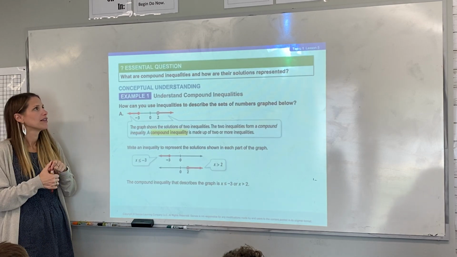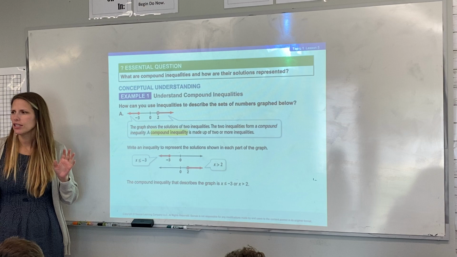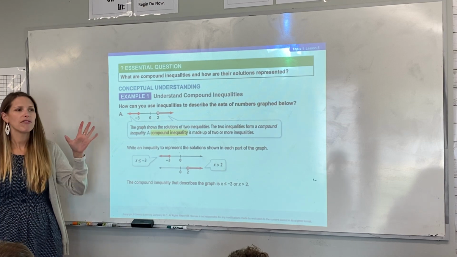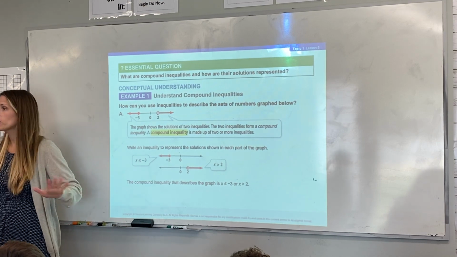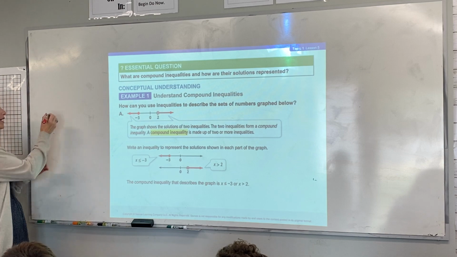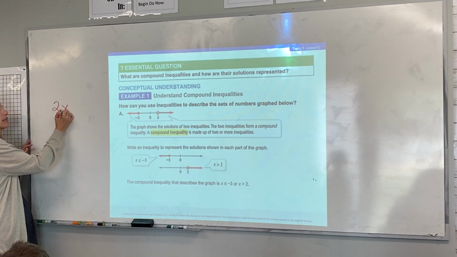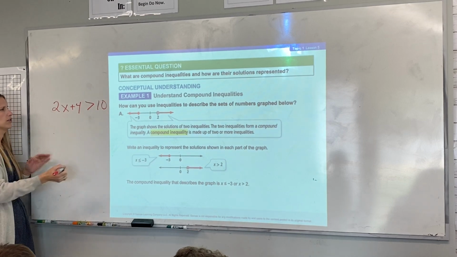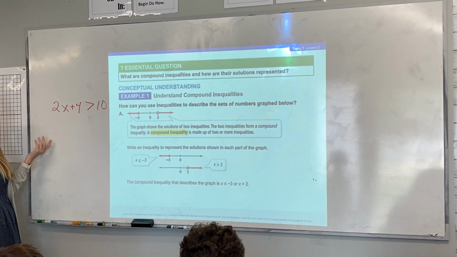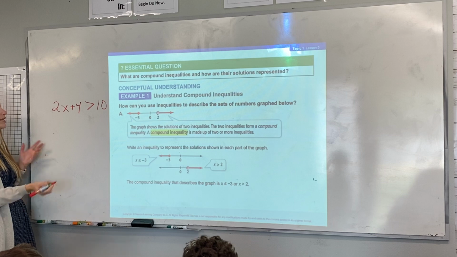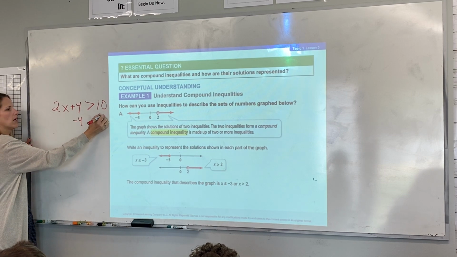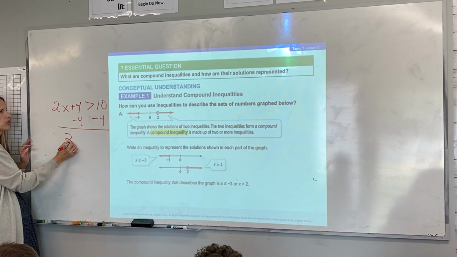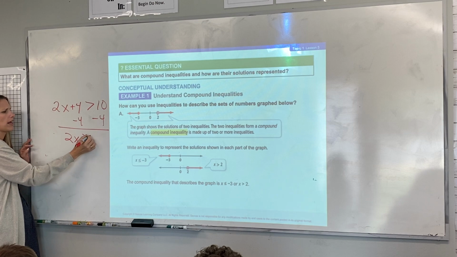All right. We have a very interesting lesson today. We have already done inequalities, like 2x plus 4 is greater than 10. We just subtract 4 on both sides. We get 2x is greater than 6.